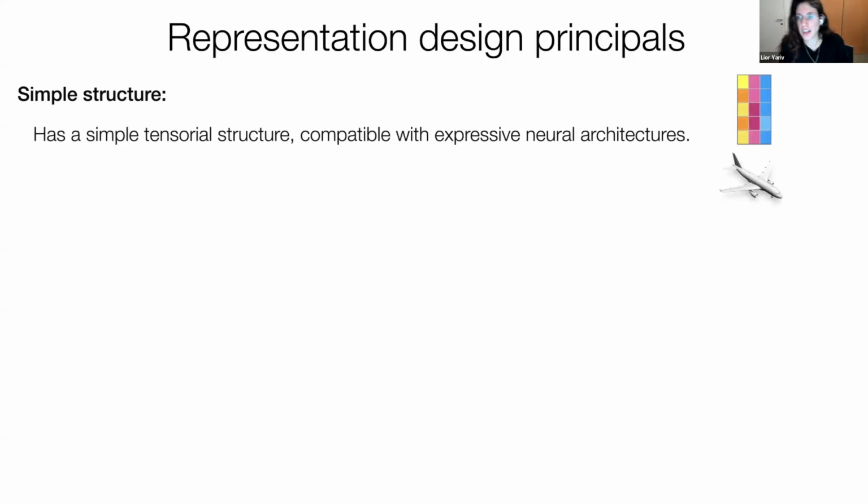The first principle, a bit more straightforward from images, is that we wanted a simple tensorial structure like the 2D grid for images, compatible with known expressive neural architectures like convolutional networks, transformers, and so on. Something that we know works well.